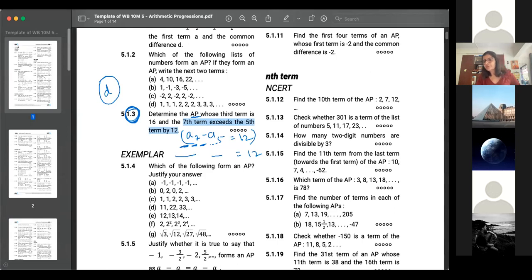Right. Only 3 people have done it so far. Dhruv, Neki and Anirban. Very good, Anirban. So whenever it says determine the AP, give the final AP. Okay. Mansi also got it. Dhruv and Neki.